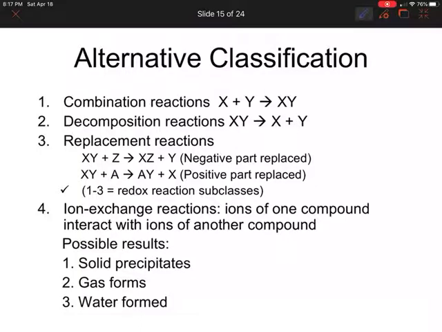So this is showing you the four alternative classifications. They look a little scary, but it's really not too bad. The first one is the combination reaction.